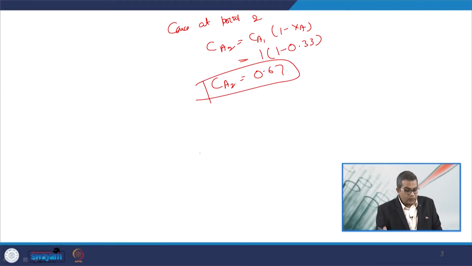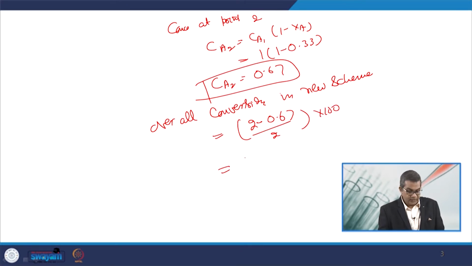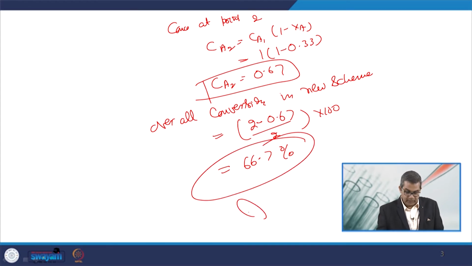So the overall conversion in the new scheme can be given by (2 minus 0.67) upon 2 into 100, and that is 66.7%. That is my answer.